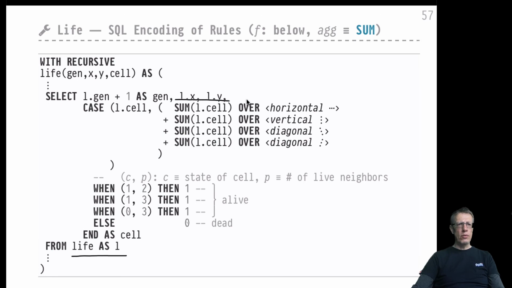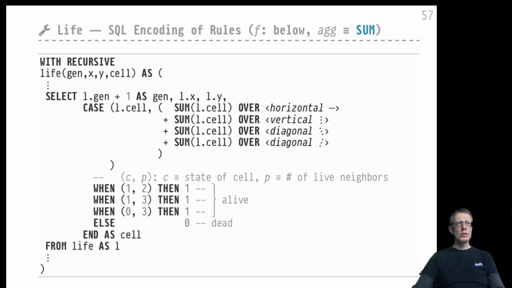So in this generation, L is at coordinates X and Y. In the next generation, it will be at the same coordinates. So cells are stable in the sense that they do not change position. They may change state though.